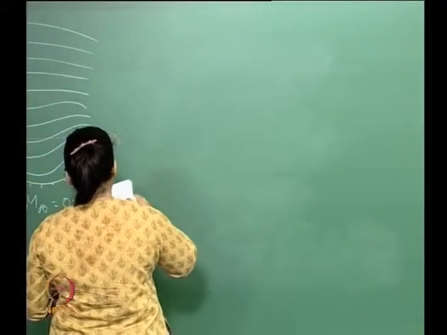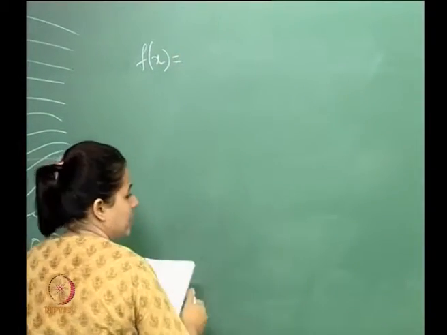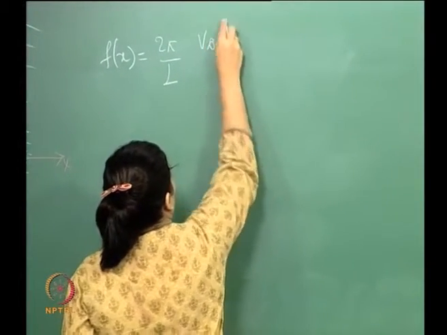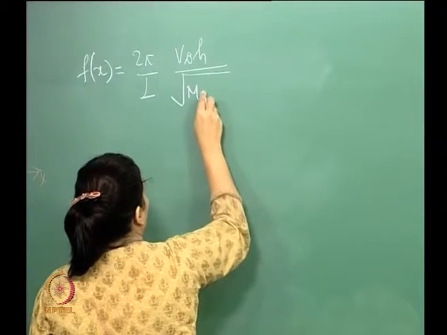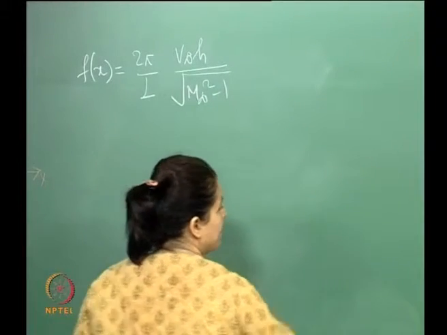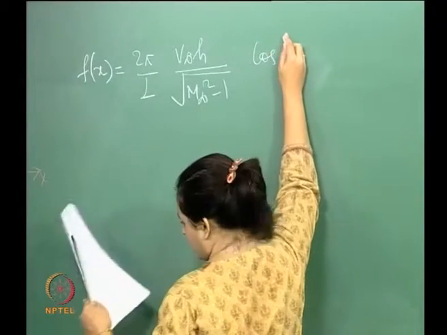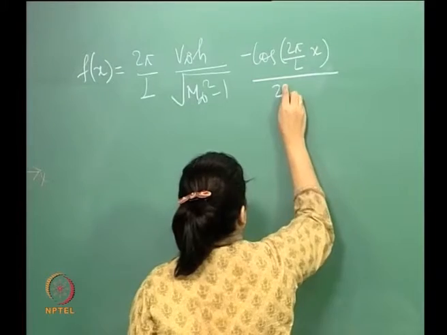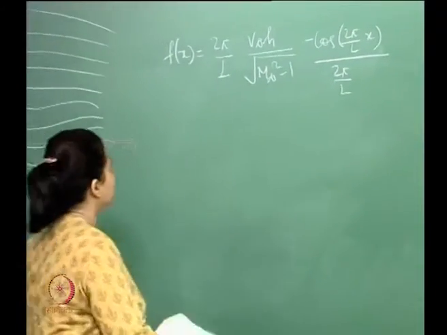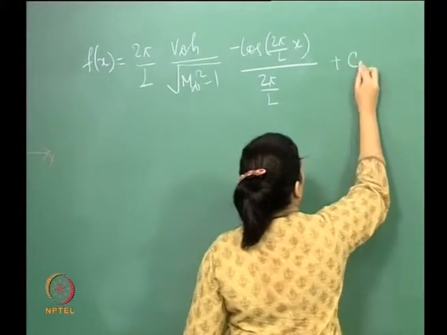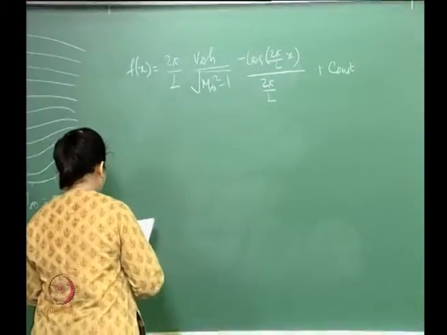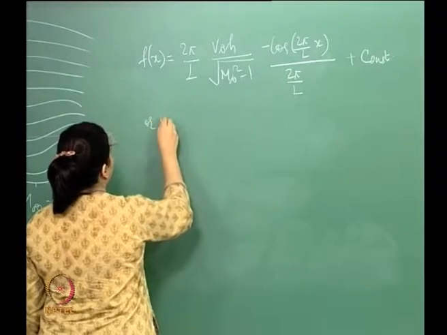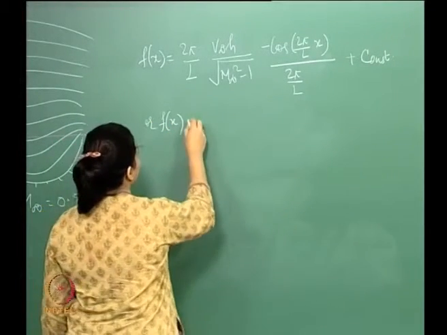Now if I integrate that, what I get is f of x, which is essentially, okay, if I integrate this, plus a constant. So f of x is equal to.